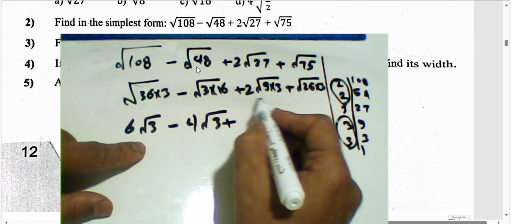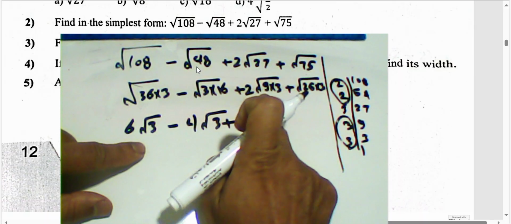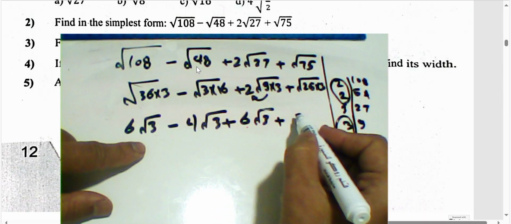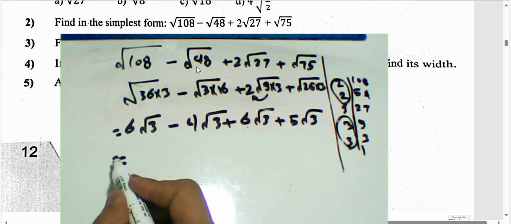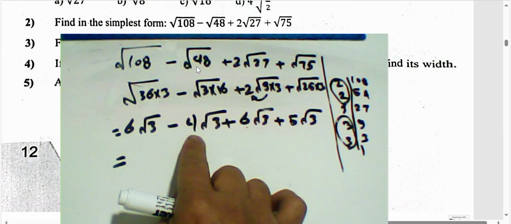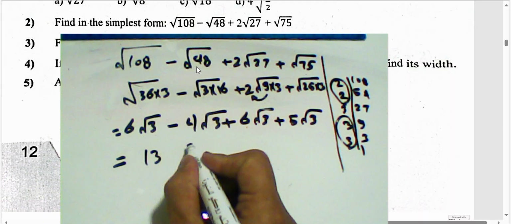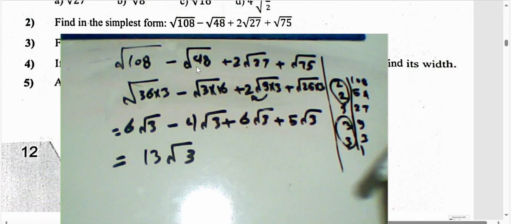And square root of 9 is 3, 3 times 2 equals 6. Square root of 25 is 5, so 5 square root of 3. Then 6 minus 4 is 2, 2 plus 6 is 8, 8 plus 5 equals 13. Then the answer will be 13 square root of 3. Understood?